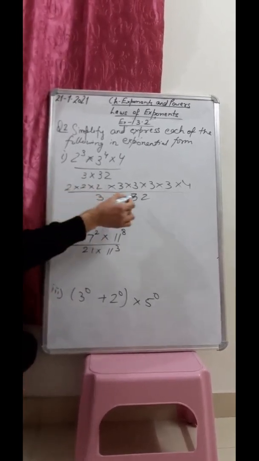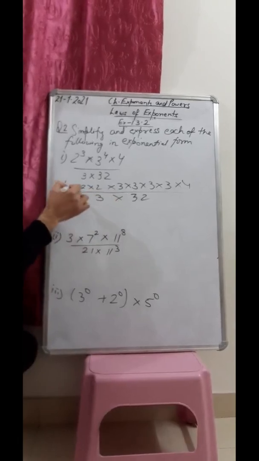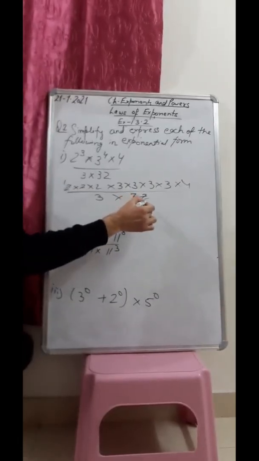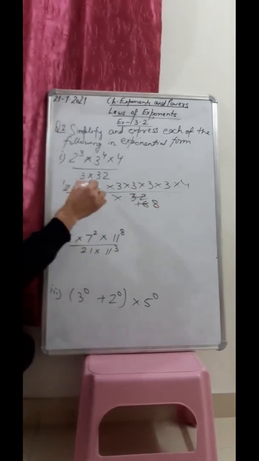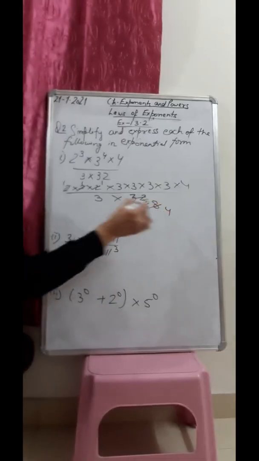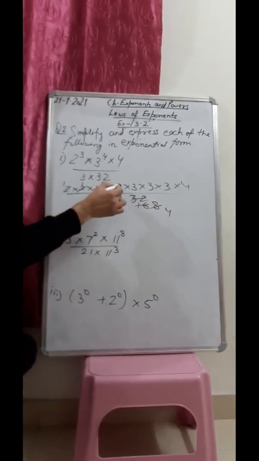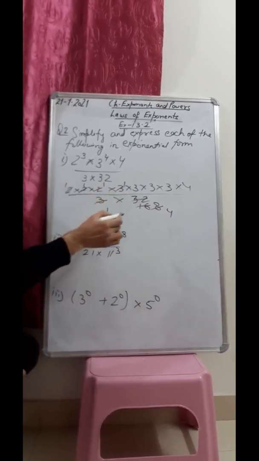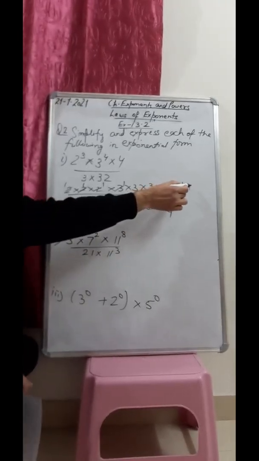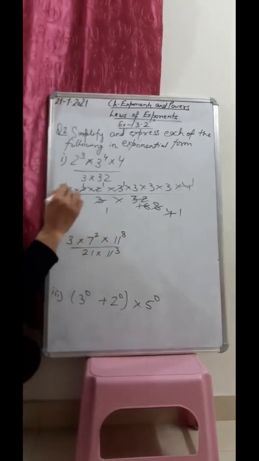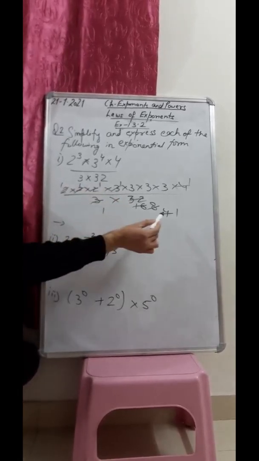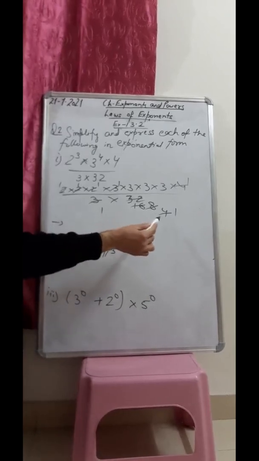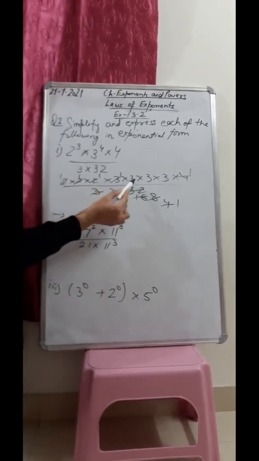So it is 2, it is 32: 2 ones are 2, 2 sixteens are 32, 2 ones are 2, 2 eights are 16, 2 ones are 2, 2 fours are 8, and 3 will get cancelled by 3, 4 will get cancelled by 4. In the denominator all numbers are finished, but in the numerator what is left? 3 into 3 into 3.